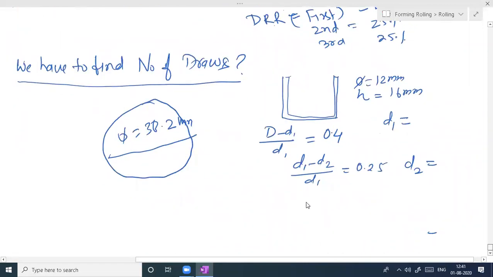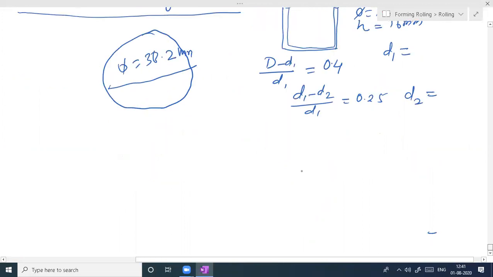Then the third draw, (D2 minus D3) by D2, you have to take 0.25, and then you have to calculate D3. And we want the final diameter to be 12 mm. So what is D1?